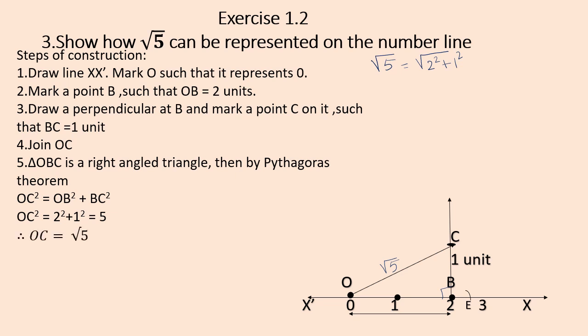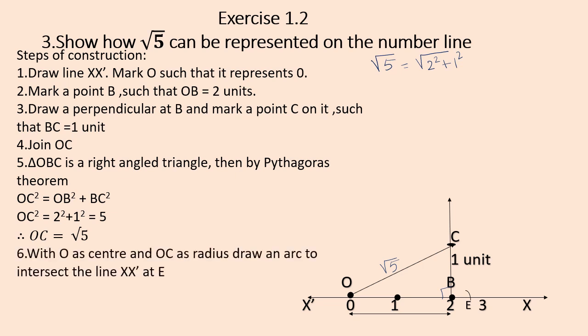Therefore, OC equal to root 5. So, OC represents root 5 on the figure. With O as center and OC as radius, draw an arc to intersect the line XX dash at E. And the point E represents root 5 on the number line.